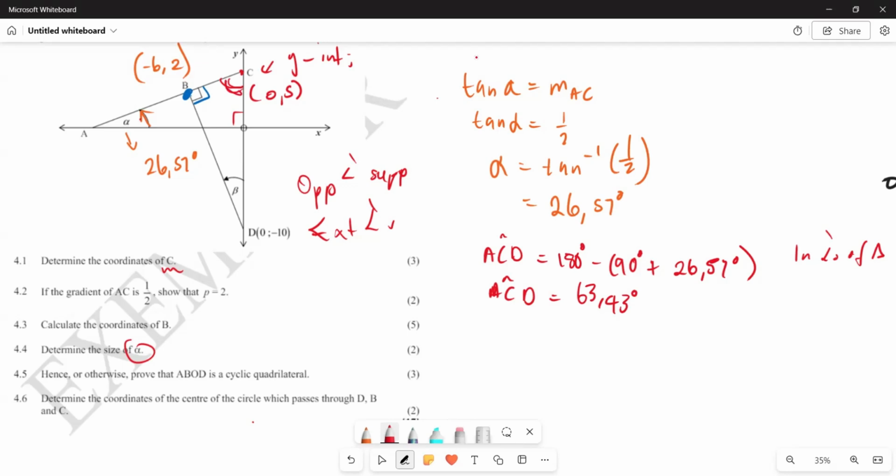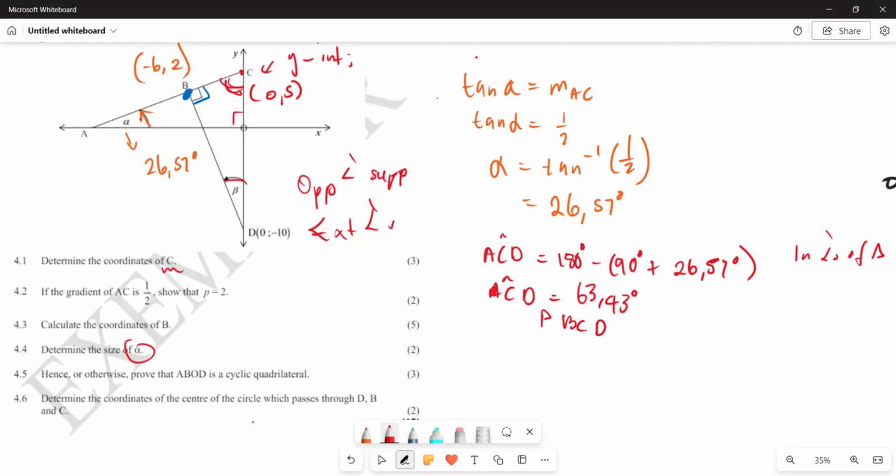And now that you have your angle of ACD, I want us to also calculate your angle of beta. You can calculate your angle of beta if you look at triangle BCD, right?